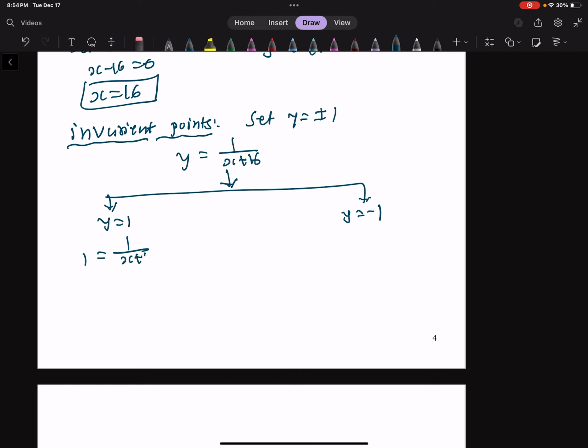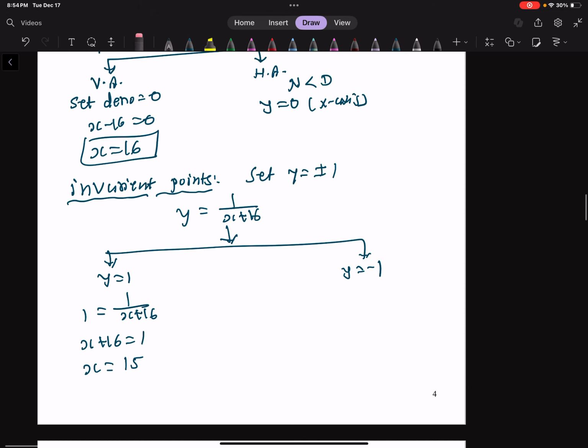So 1 equals 1 over x minus 16, cross multiplication, x equals 17. Take negative 1: negative 1 equals 1 over x minus 16, so x equals 15.